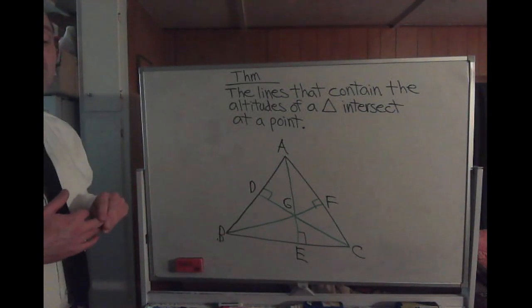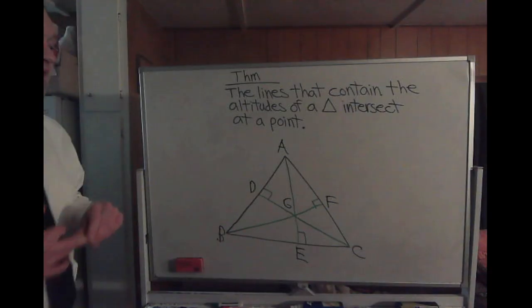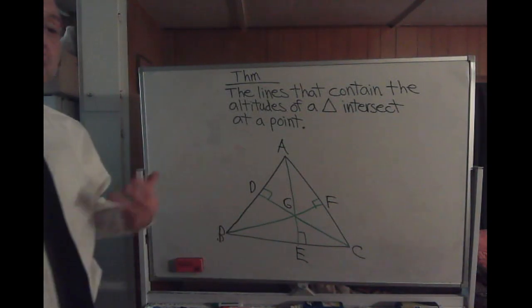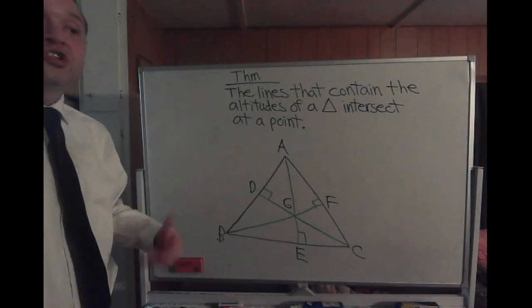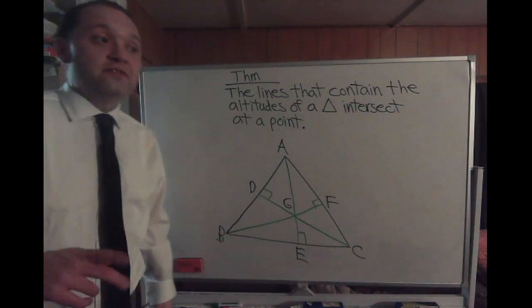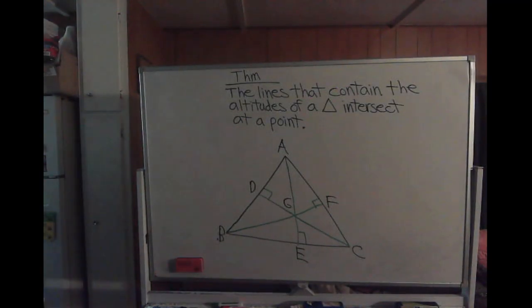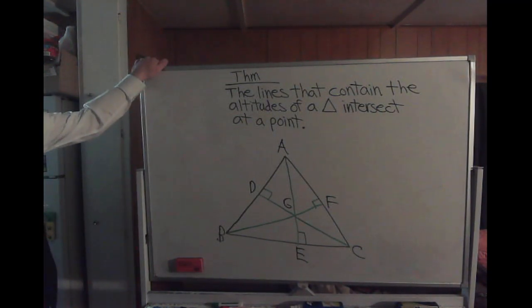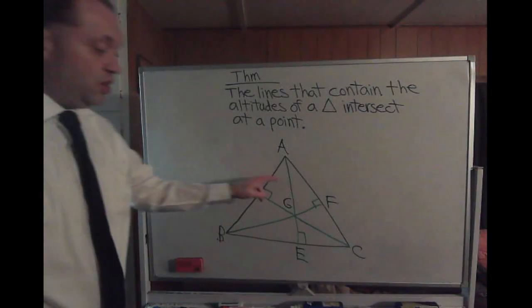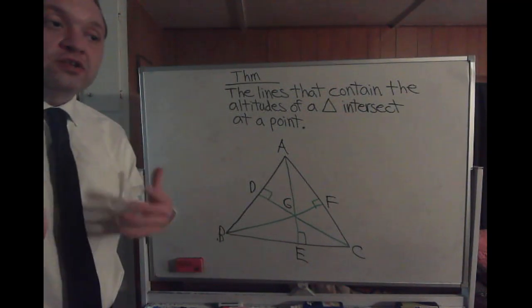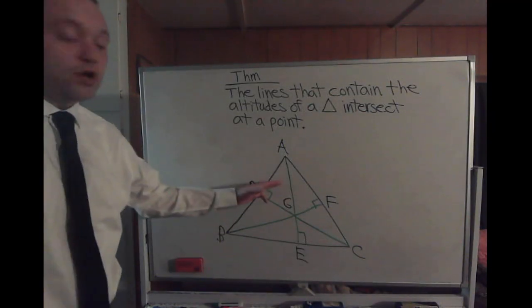Now, the problem is you're not going to know the lengths of any of these unless you know the angles and can do trigonometry, which is coming up shortly. Not in today's lesson, but in a few lessons from now, we're going to do a little bit of trigonometry. But for now, there's really no way to know the lengths of these.